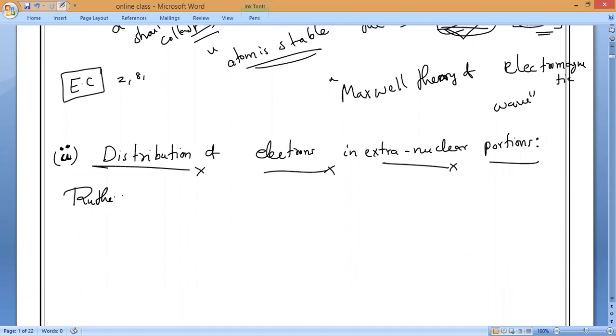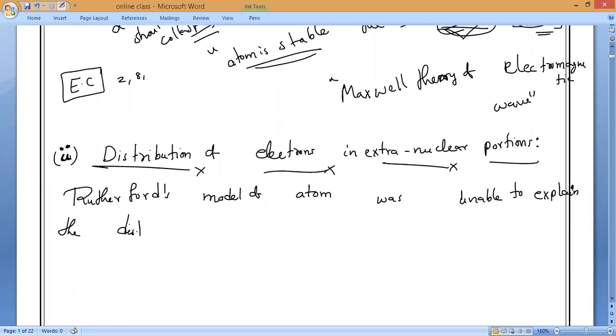Rutherford model of atom was unable to explain the distribution of electrons in the extranuclear portion of the atom.